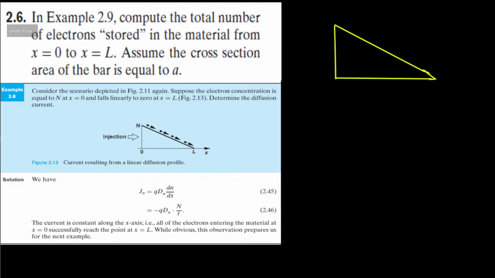Okay, and this one is the origin, and at the origin we have the height of n, which means if we write in terms of x and y, this is x is 0, y is n, and here the length is L, and if we write this one in terms of x and y, x is L right here and y is 0.